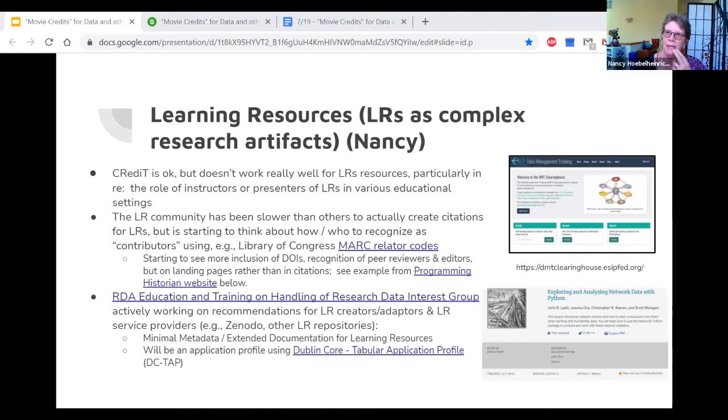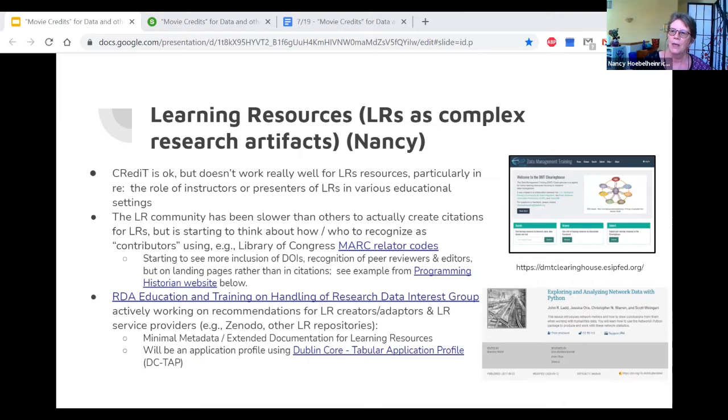Partly because a lot of times learning resources are created by one person and then adapted by another. Or they're created by someone and then the instructor or trainer provides the context for them and so on. And also, if somebody else creates the tutorials or exercises or that sort of thing as part of a resource, then associating credit with those different resources as they're collected together is a difficult thing to do.